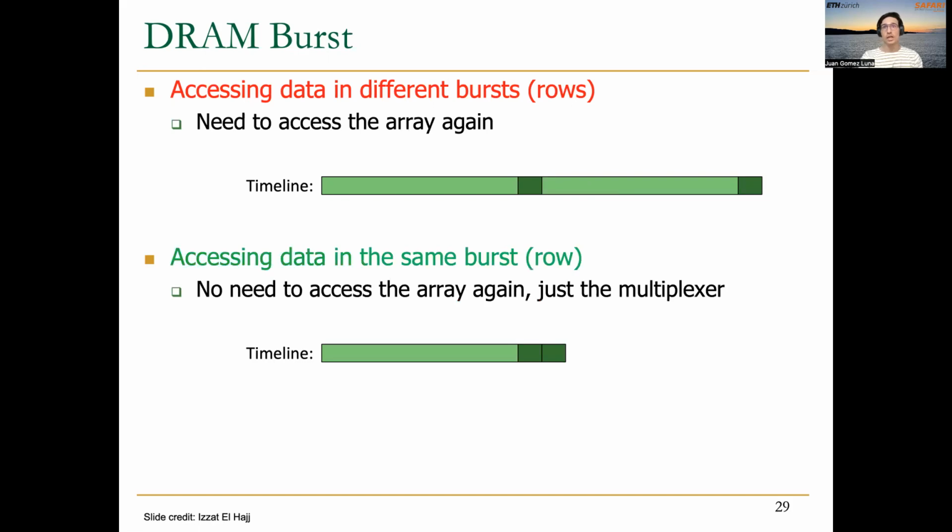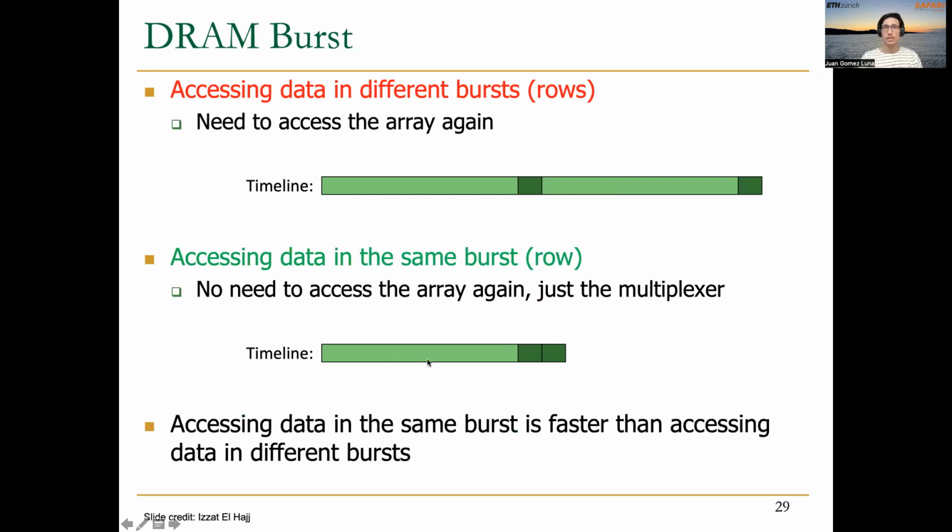However, if we access data that resides in the same row or in the same burst, we can save the time of opening the row for the second and subsequent accesses, as you can see here in this timeline. So accessing data in the same burst is faster than accessing data in different bursts.